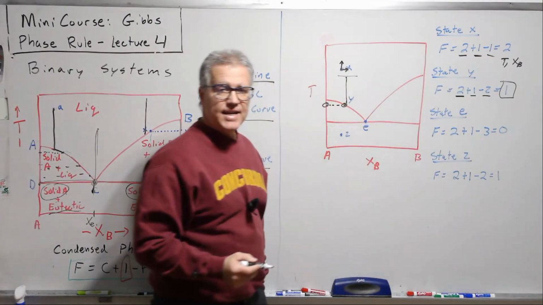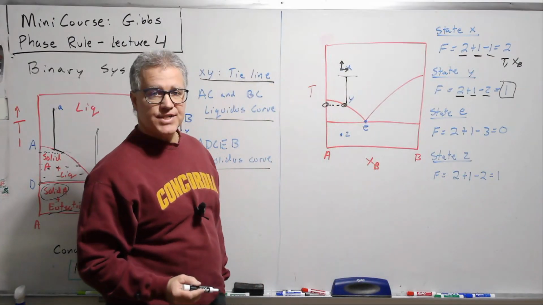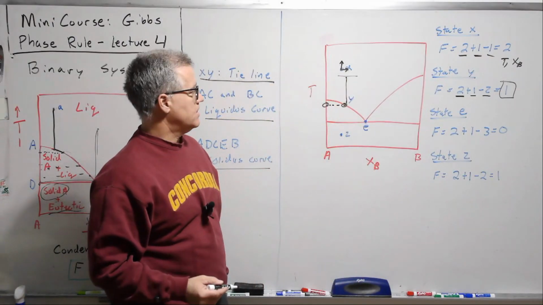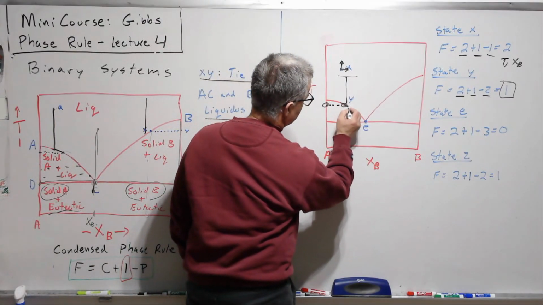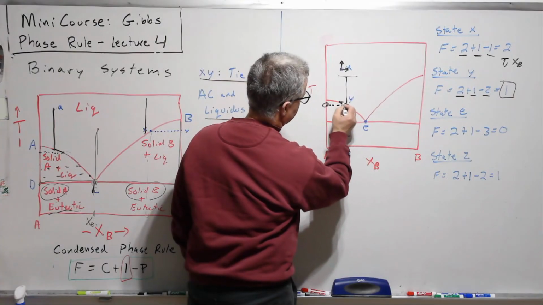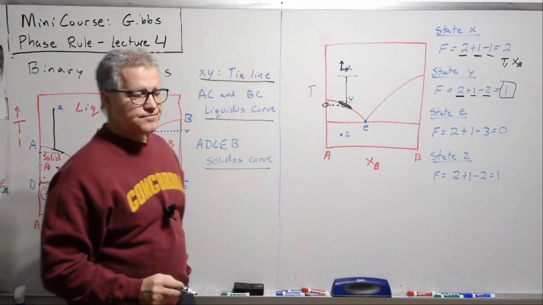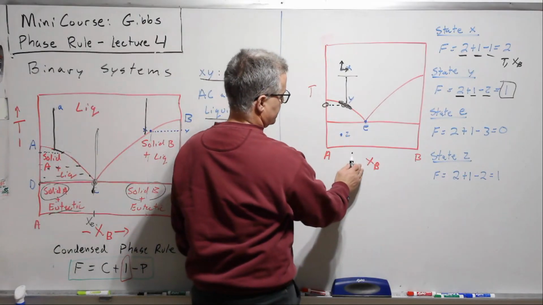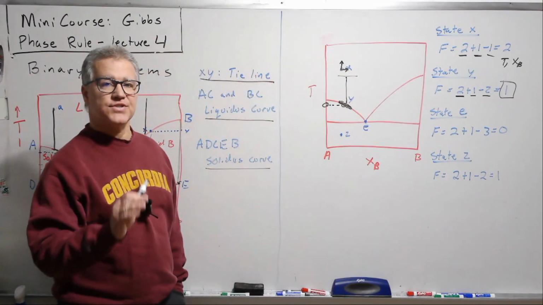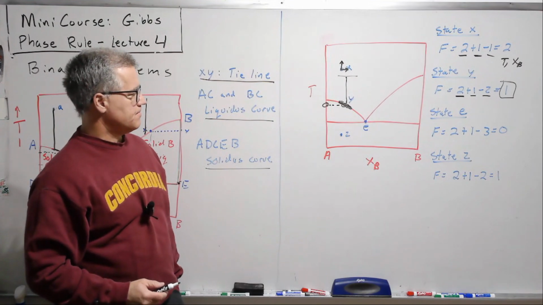Now we cannot assign that degree of freedom precisely to temperature. It allows this point to slide along this curve. And so it's a linear combination of temperature and mole fraction, but it's a single independent variable.